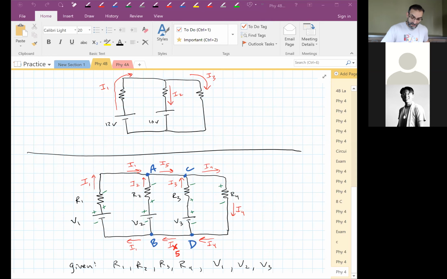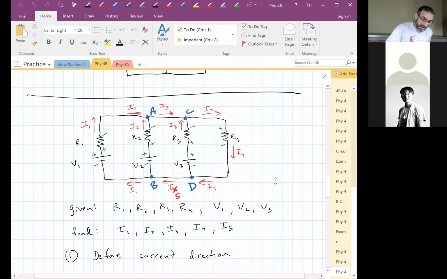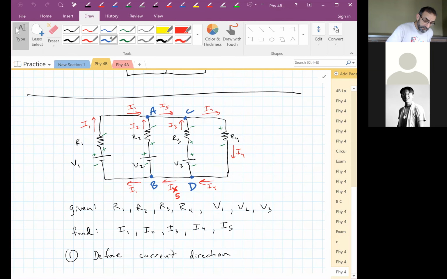Okay, we're back. If we draw the loop on the left side here, I'll use blue. Start in the lower left corner. I'm going to go around my loop in this direction. Call that loop number 1.